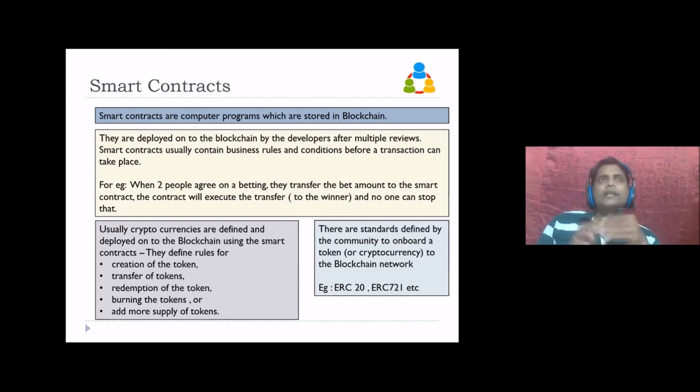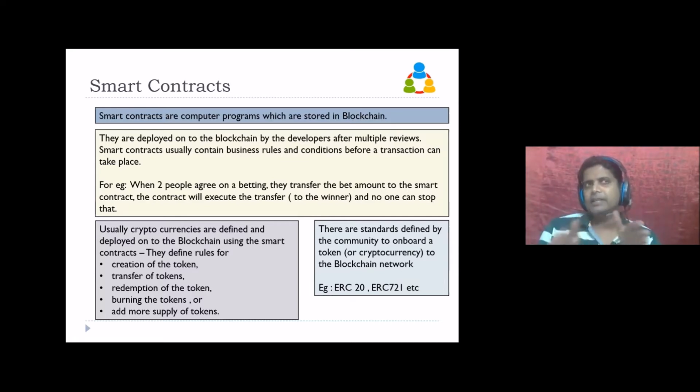We can create a cryptocurrency by writing a smart contract. There are various standards defined by the community to write a smart contract, called ERC20 and ERC721. Those are the various standards which exist at this point in time.